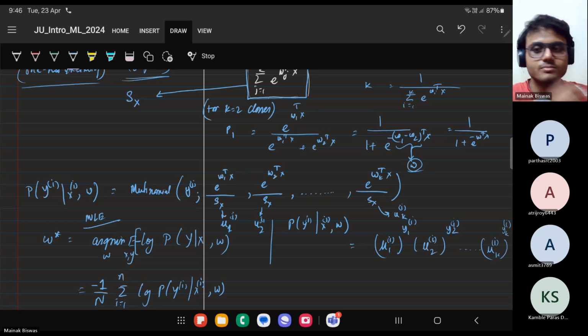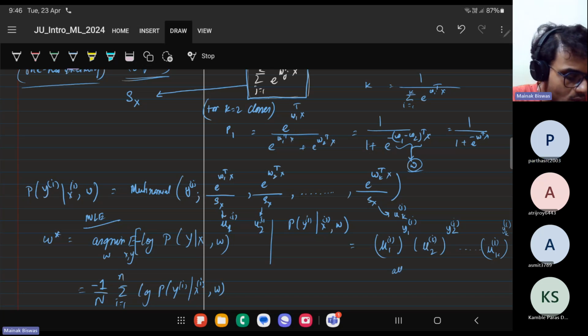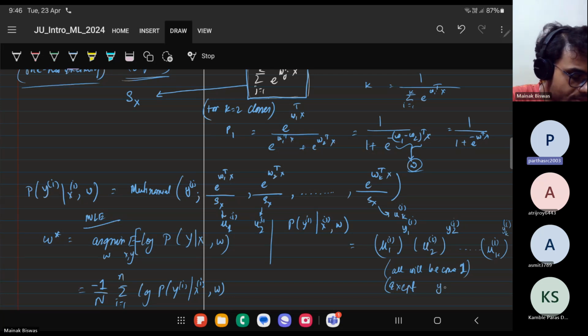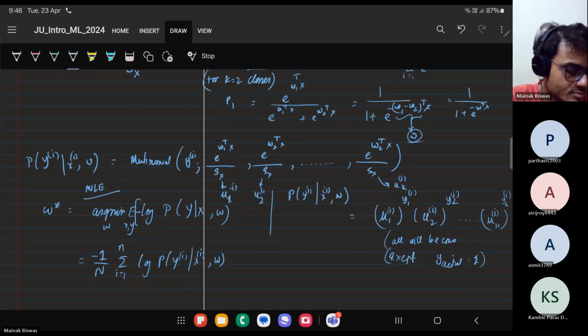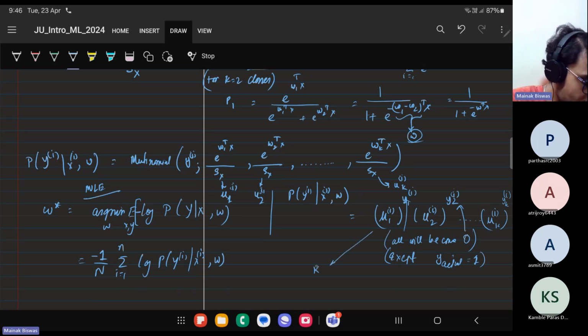All will become 1 except y, the correct class, y actual. Say for example, k is the actual class, 10.